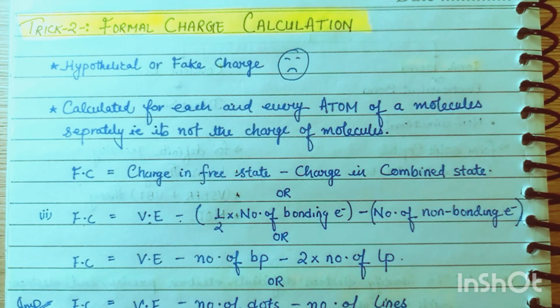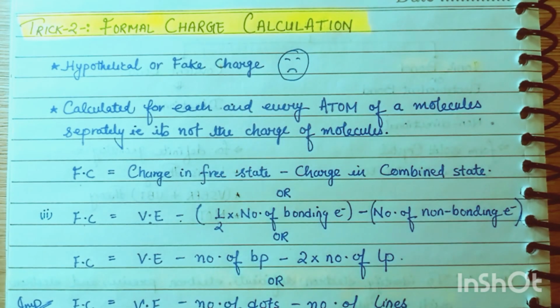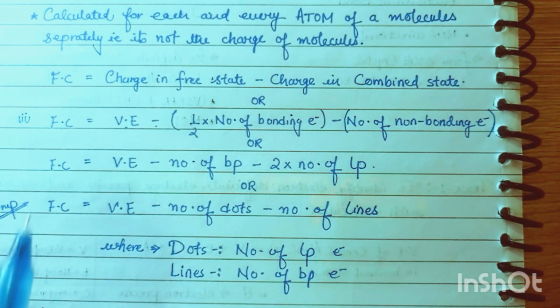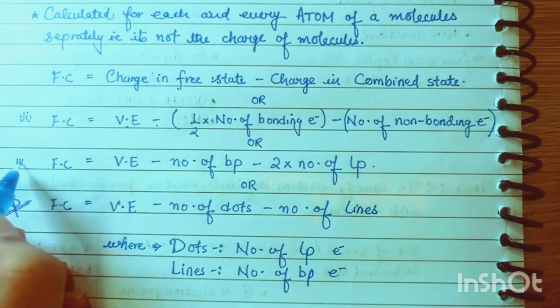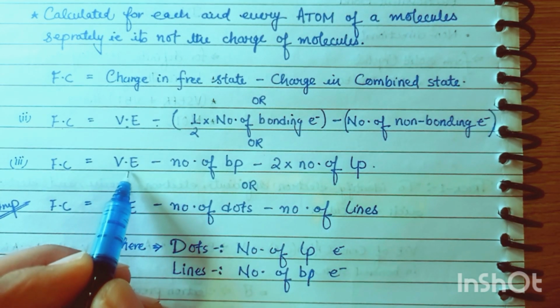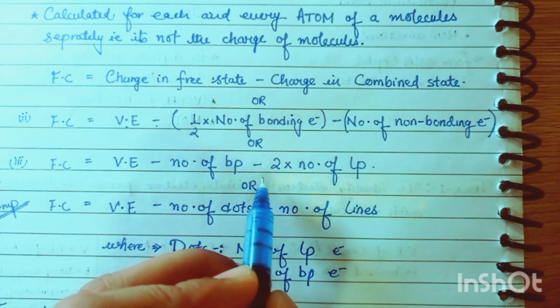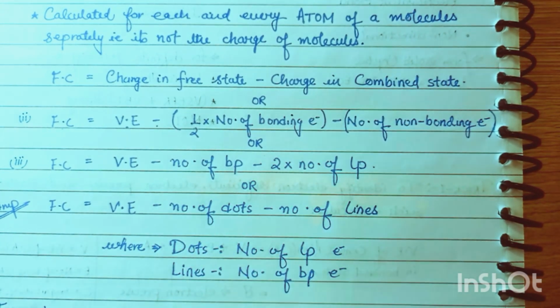These non-bonding electrons are also known as lone pair electrons. The third formula, a little easier: formal charge is equal to valence electrons minus the number of bond pairs minus 2 into the number of lone pairs.